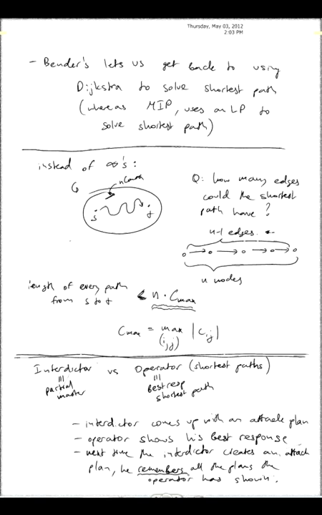So you can think of the interdictor as kind of building up a portfolio of the available plans that the operator has, and then considering the entirety of the portfolio that he's built up to come up with his next attack strategy. And then once he produces that attack strategy, he shows it to the operator, and the operator says, okay, well, if you do that attack strategy, I'm going to have this response plan, which maybe is not in your portfolio. And if it's not in the portfolio, then the interdictor takes that plan, adds it to the portfolio, and recomputes a new attack plan.